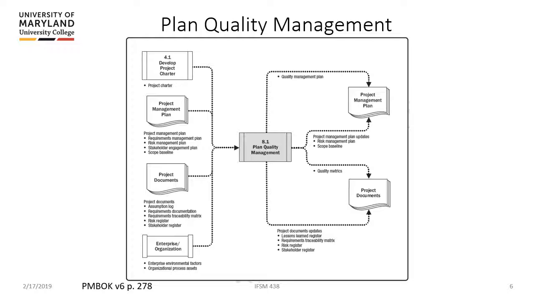But for the sake of what we need to know here, you don't just go about it randomly. You have to plan your quality processes, and you have to plan what you're going to do when you're going to do them. And as I mentioned before, it happens throughout the course of your project, not just once. So you're going to plan what you're going to do from the beginning to the end to manage quality throughout the project.